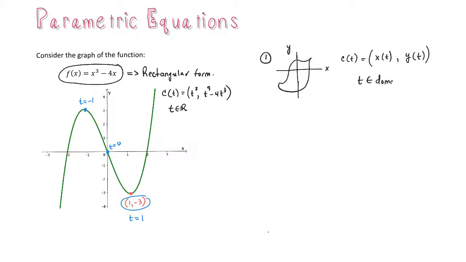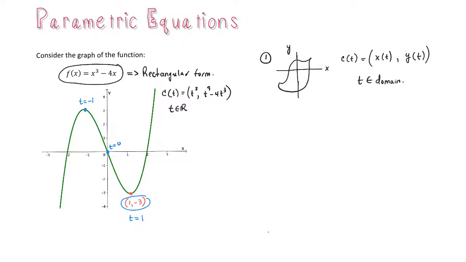As I said before, that domain could be all real numbers, but it could be bounded, could be an interval. The point is that this curve doesn't have to be a function for me to be able to express it parametrically. And that's a huge improvement over rectangular form.